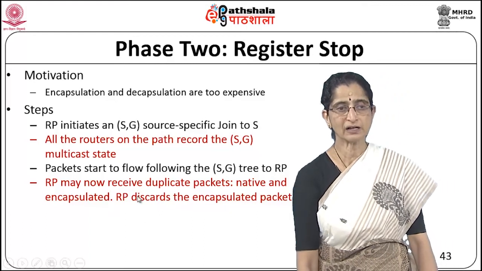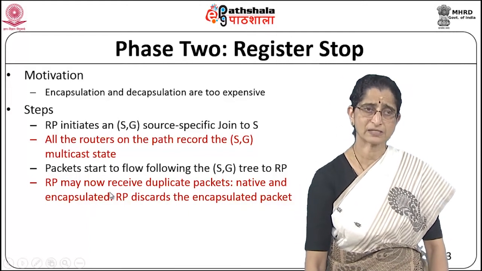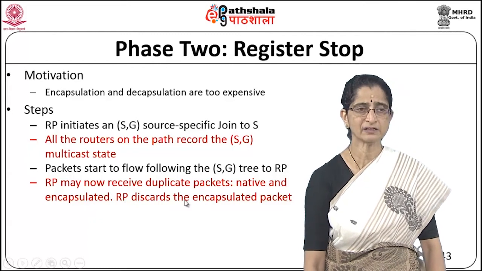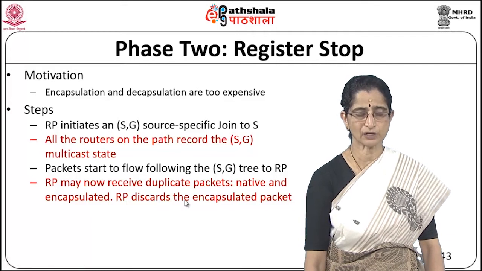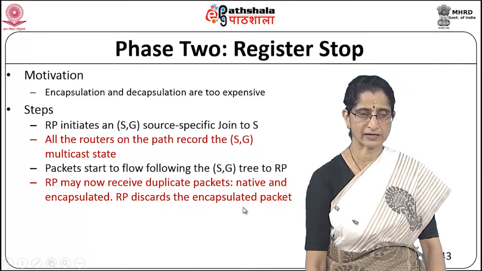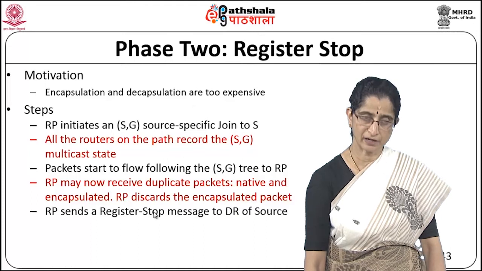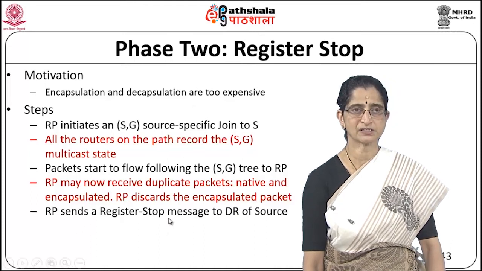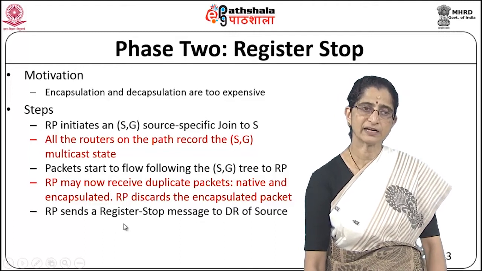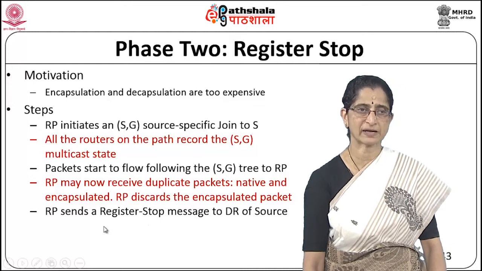Until a certain point of time, the RP will receive both the multicast packets coming from the source as well as the multicast packet encapsulated in a unicast packet. Once it starts receiving the duplicate packets, it will discard the encapsulated packet, forward the already received multicast packet, and send a register stop message to the DR of the source. This tells the DR that it need not send these unicast packets anymore. It can just forward the multicast packets as they are.